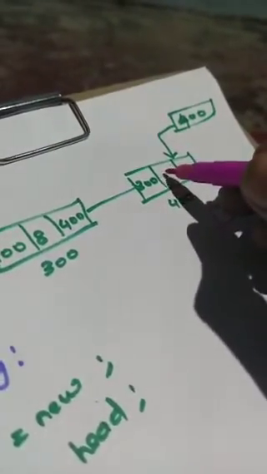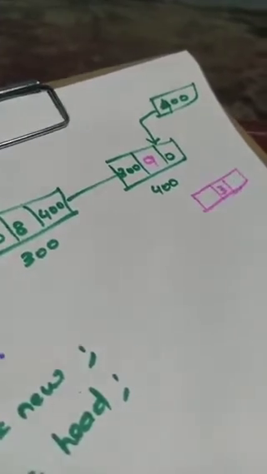Look, for example, the data is 9. Here I am going to insert data 3, and the address of this I am going to consider as 500. We all know that by the principle of a doubly linked list, this one will have the address of the previous node, right?